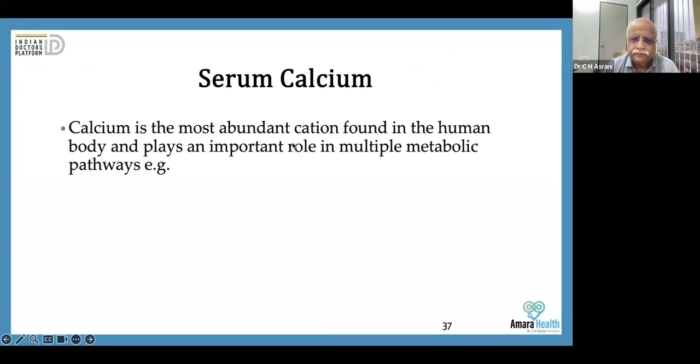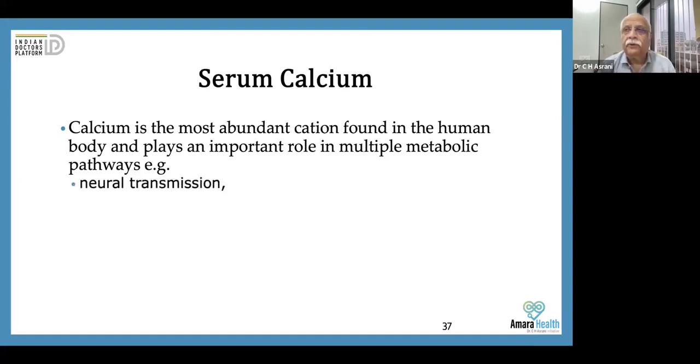Serum calcium, the most abundant cation found in the human body. And we all know that calcium plays a vital role in multiple metabolic processes, not only teeth and bones.